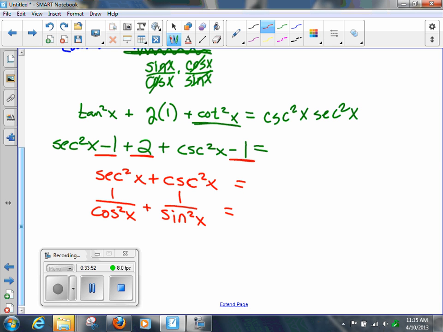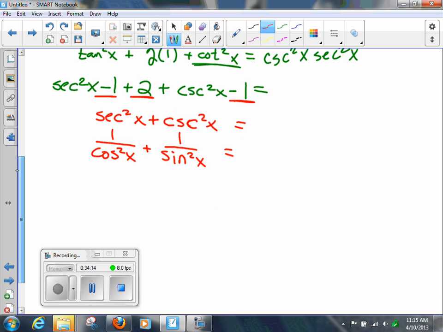So I brought down secant squared plus cosecant squared. Okay. I'm where I need to be, but these are added and these are multiplied. All right. So now I just got to figure out, well, I got to make this work. If I'm adding these, then let's see how I'm going to make that work.